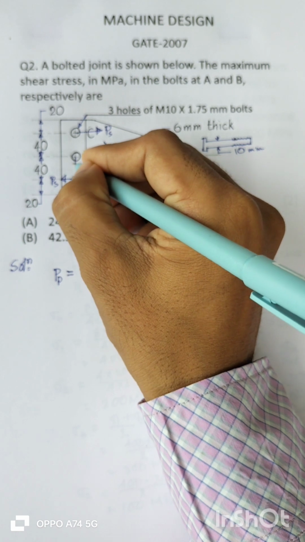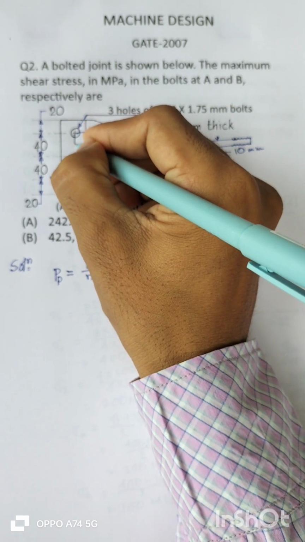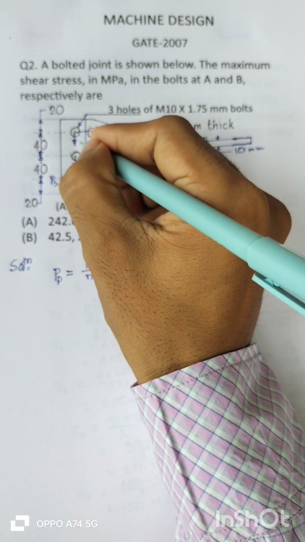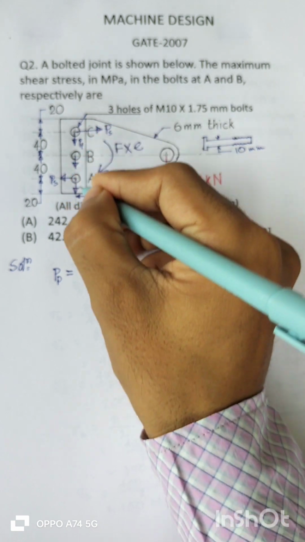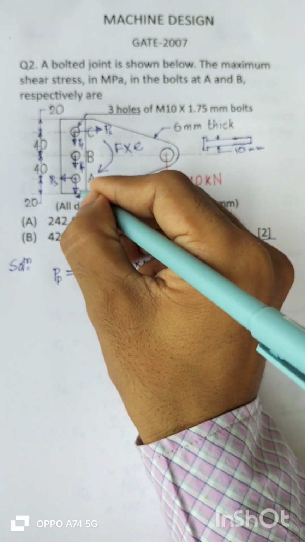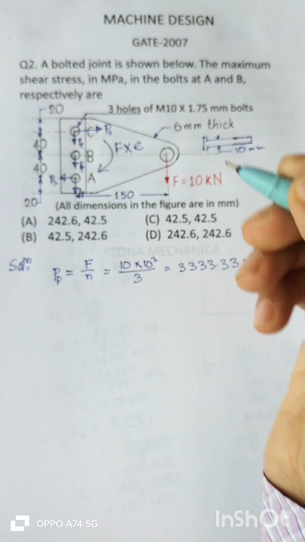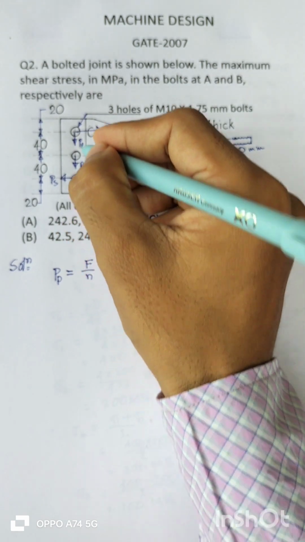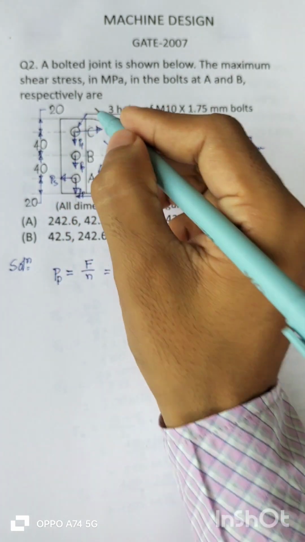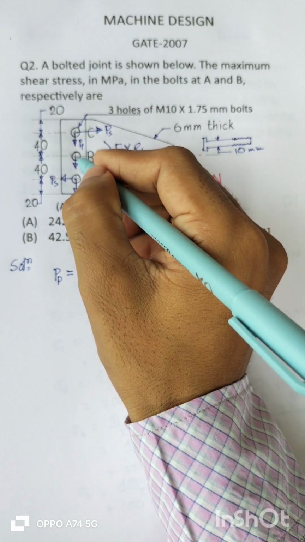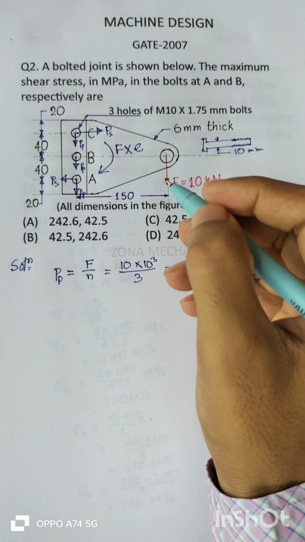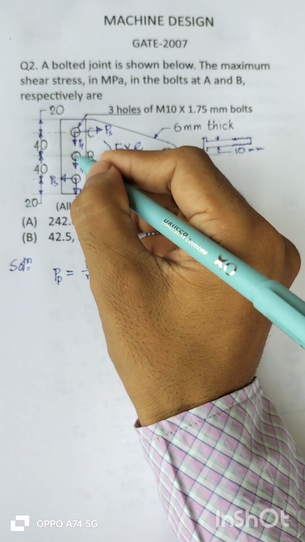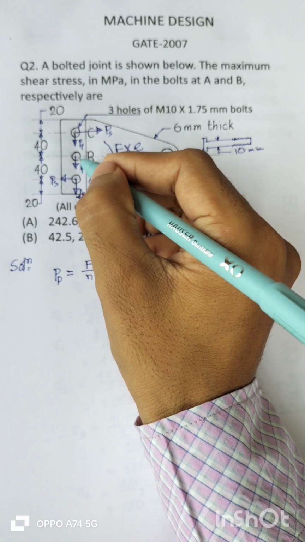So these are the primary loads, PP, PP, right? This is the primary load, and these two are the secondary loads. See, in bolt B there will be no secondary force because the bolt B is at the CG.